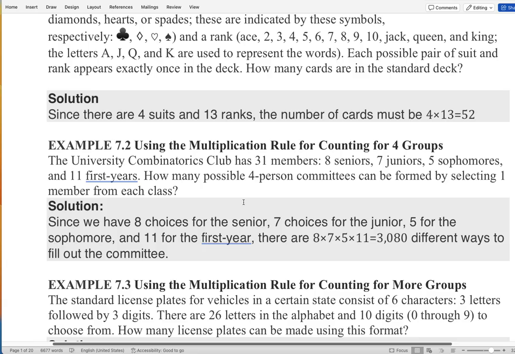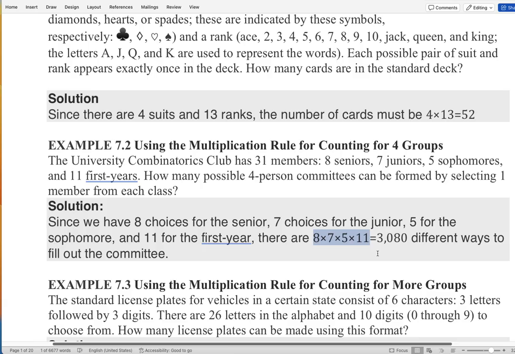So clearly, if we choose one from seniors, there are 8 choices, and 7 choices for juniors, 5 choices for sophomores, and 11 choices for first years. So according to the multiplication principle, we are going to multiply all of them together: 8 by 7 by 5 by 11.